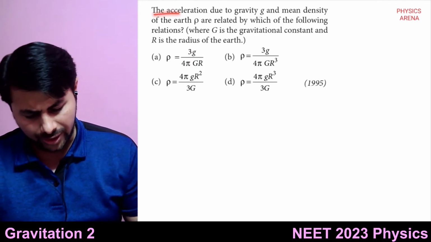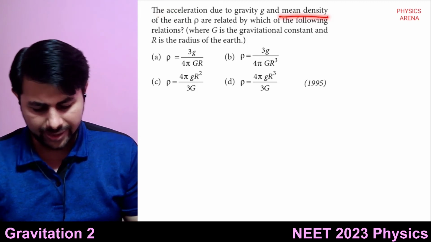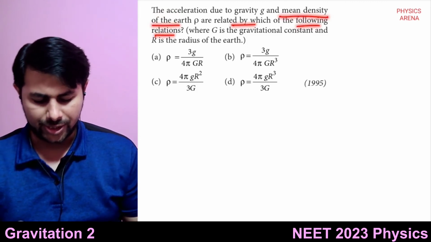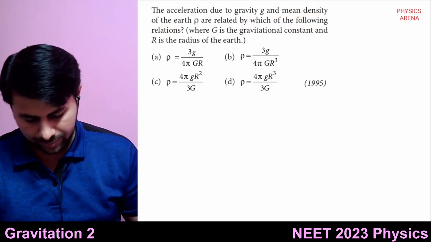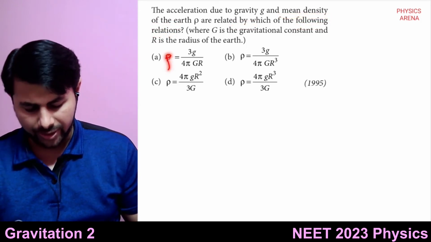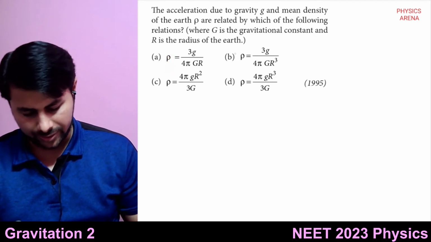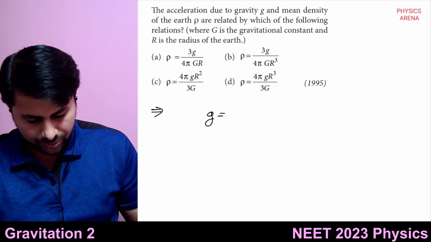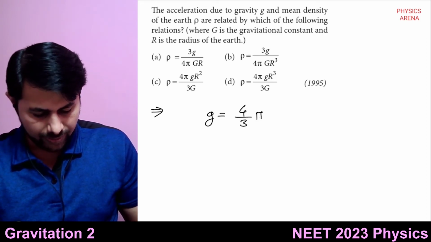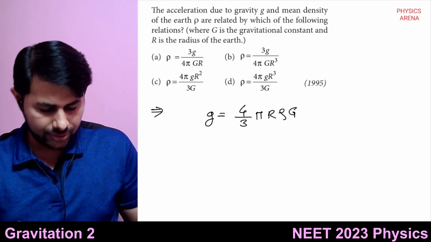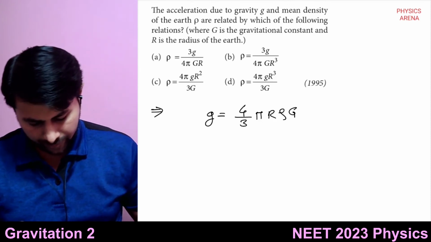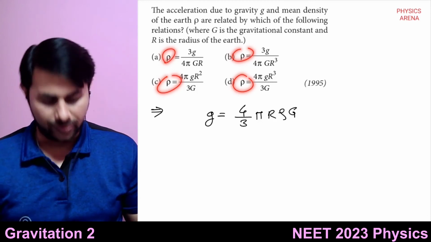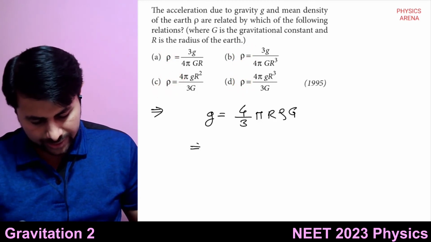The acceleration due to gravity g and mean density of Earth rho are related by which of the following relations? We know that relation, but they have asked about rho, not g. So we know that g is equal to 4 by 3 pi r rho G, and we want rho because in all options they have given rho. So take everything else on the other side.